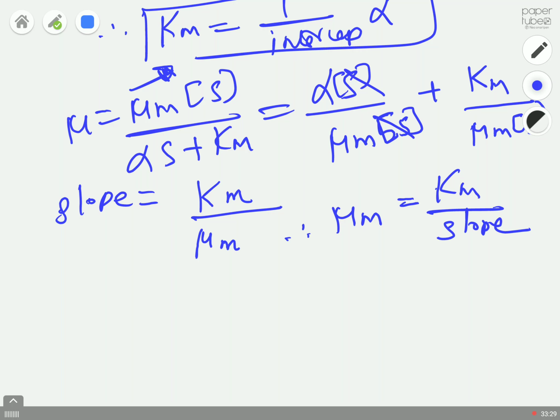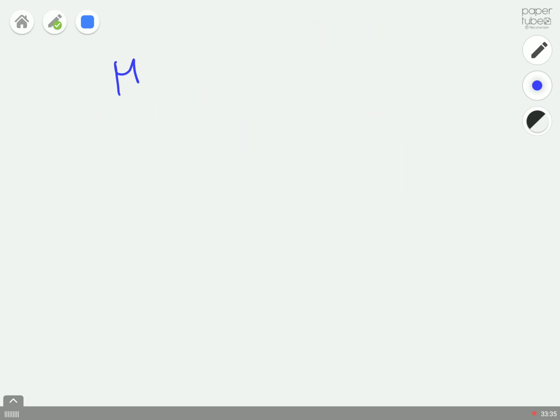Yeah. So your Km is 1 by intercept times alpha, or alpha by intercept. So divided by, you have your Km value on top.